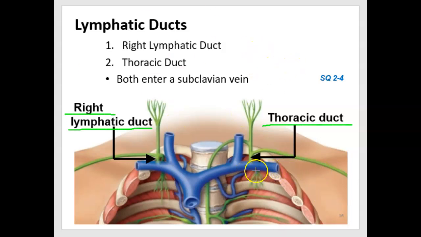Both of those go directly into a vein, shown in blue, that is called a subclavian vein, because clavian refers to the clavicle, and these veins are just beneath the clavicle. So this is where the recovered interstitial fluid is finally returned to the bloodstream.